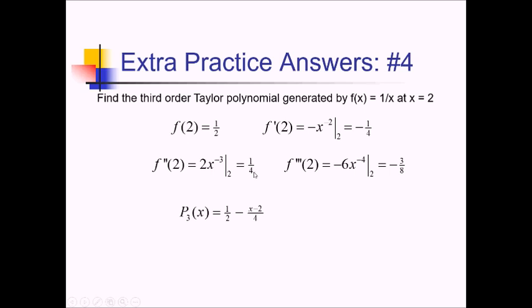And we're also going to have a 2 factorial in the denominator, because your second derivative always gets divided by that 2 factorial. And for this last one, we're going to have a negative 3 times x minus 2 quantity cubed in the numerator. Denominator, we've got this 8. We've also got a 3 factorial that always comes with this triple derivative. And there it is.